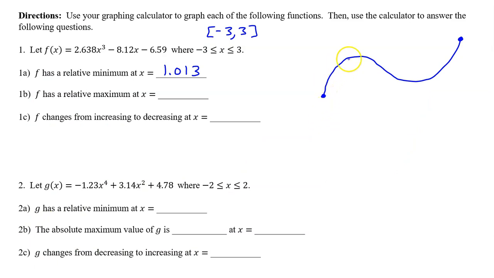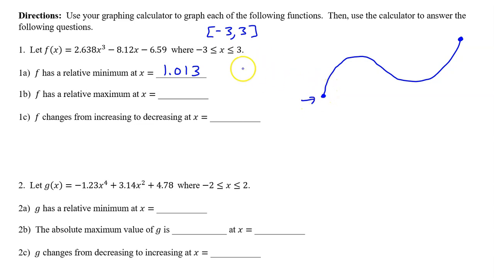Be careful, the graph looks something like this, but because of the or equal to symbols here, this is the closed interval from -3 to +3. In other words, these are like closed circles, and therefore the endpoint can be a relative min. So we have another relative min right here.